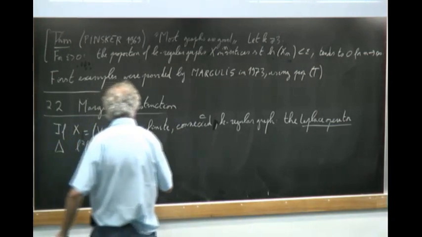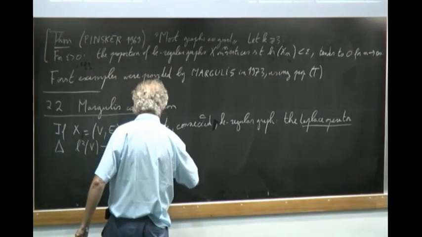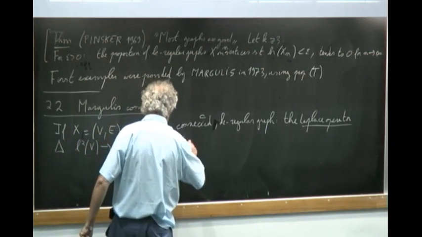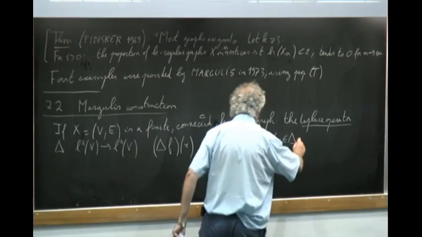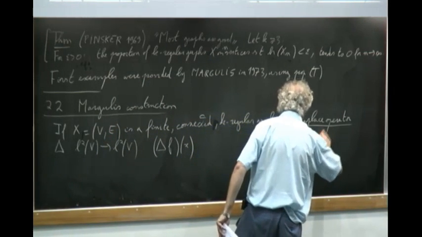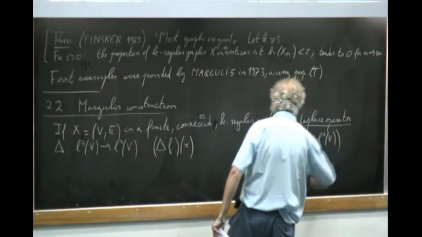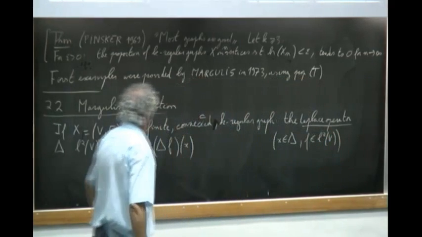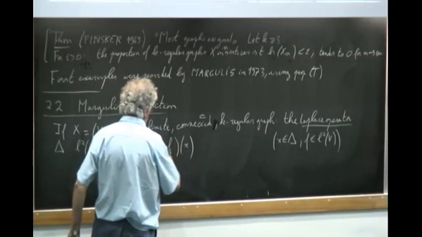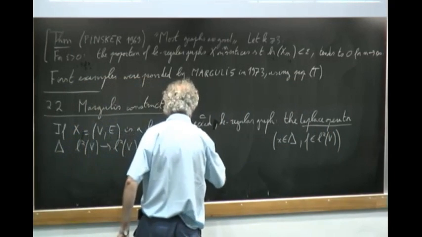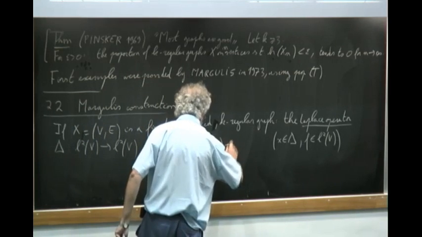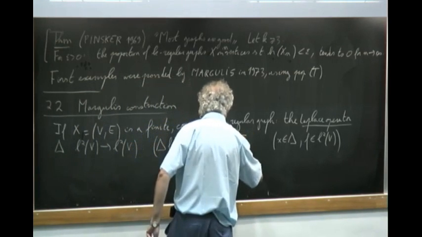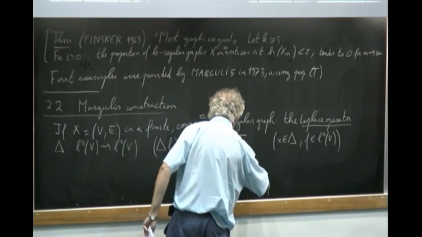And the formula is that, you take a function f on vertices, and you define a new function with delta of f at x, this will be k times f of x minus the sum over vertices which are adjacent.